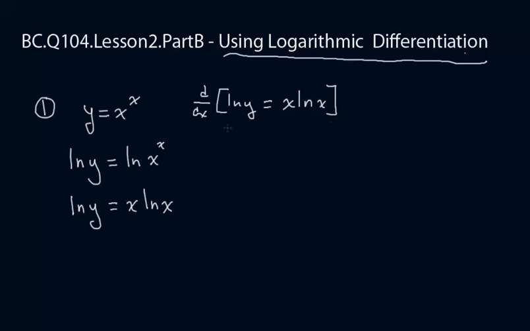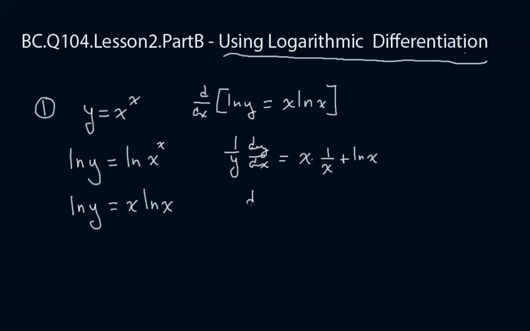So the derivative of natural log of y, or natural log of stuff, is 1 over stuff times the derivative of the stuff, dy dx. On the right-hand side, we have a product, so we're going to use the product rule. First term, x, times the derivative of the second, 1 over x, plus the second term, natural log of x, times the derivative of the first, times 1.